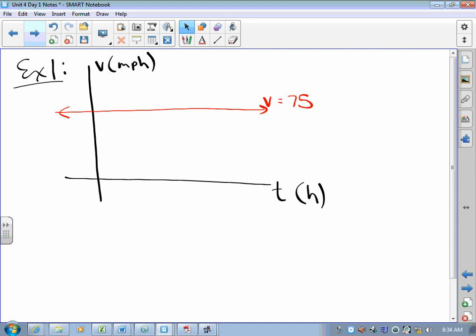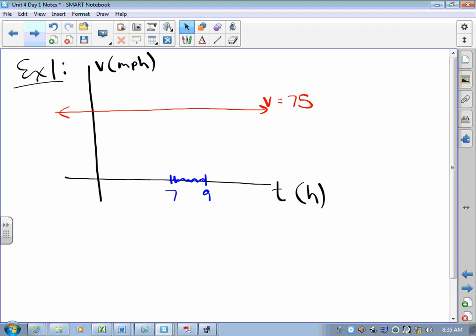Just driving 75 miles an hour all the time. And I want to know how far I traveled between time equals 7 and time equals 9. You and I would both agree that if I drive for 2 hours at 75 miles per hour, that's 150 miles.